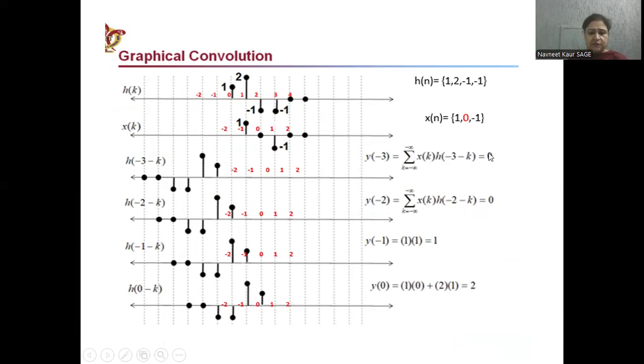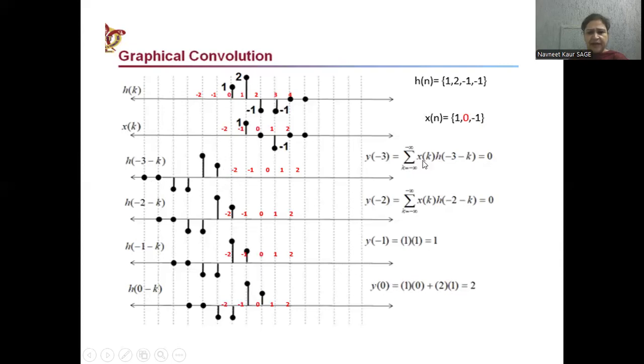For x[k], I have the same sequence, but only the variable n is changed to k. The difference is only that here on the x-axis we have k. Now this is x[k], and I want to find h[minus 3 minus k]. We already have h[k], the same sequence with n replaced by k. If I draw h[minus 3 minus k], it will be this sequence.